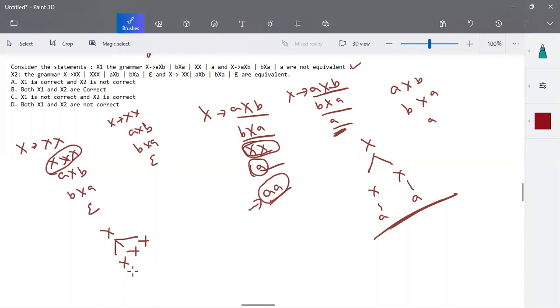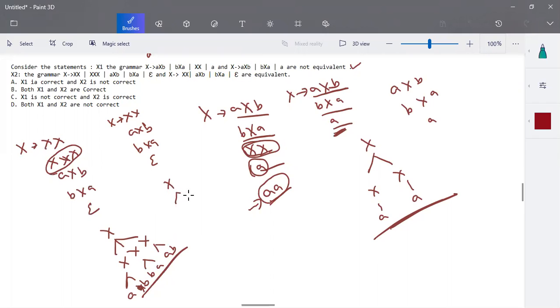Okay, so for any substitution, if there are any variations available, then we can neglect it. Okay, so one I can give as AXB. So since X is epsilon, we can give it as AB, BA, and AB. So we can check whether this can be generated using this grammar.